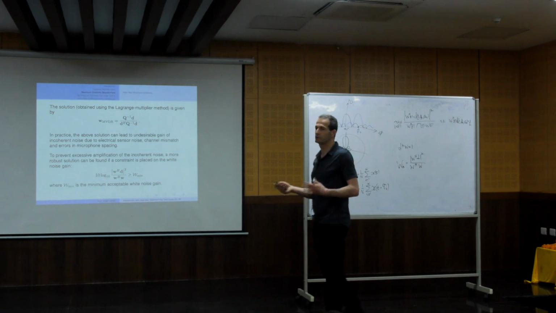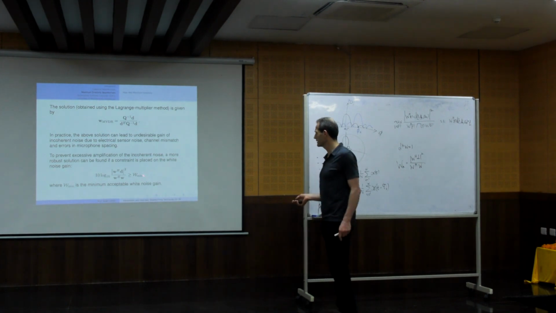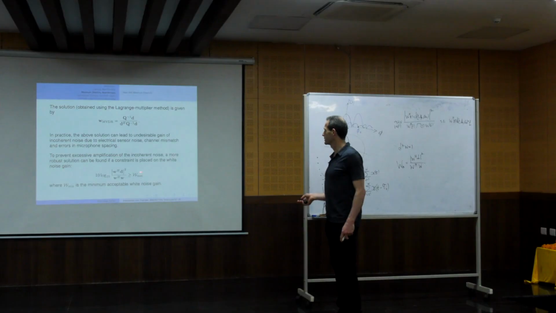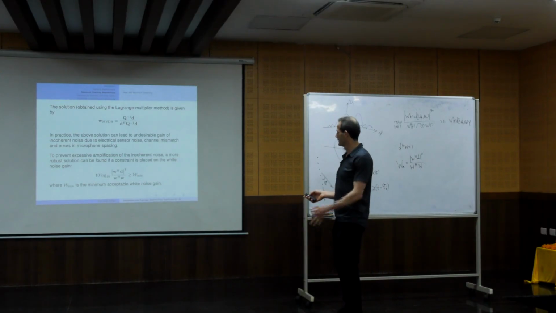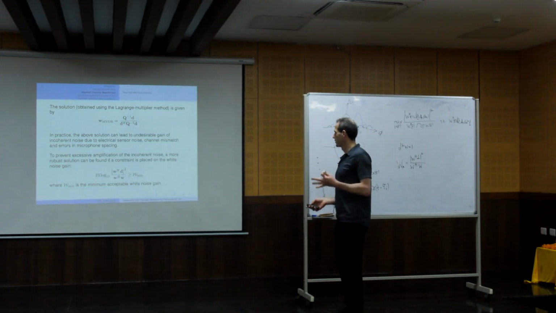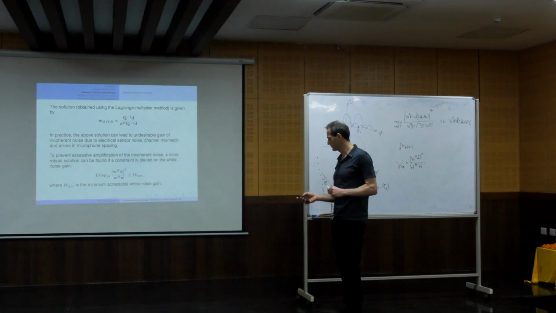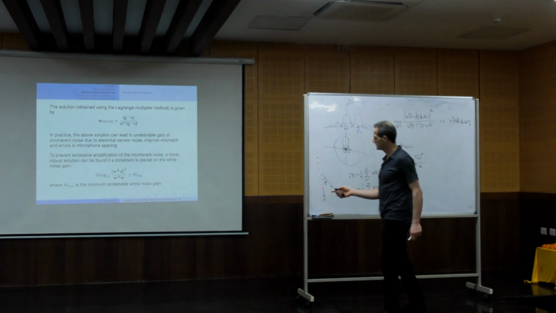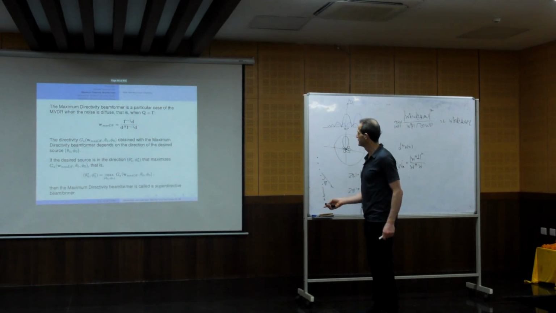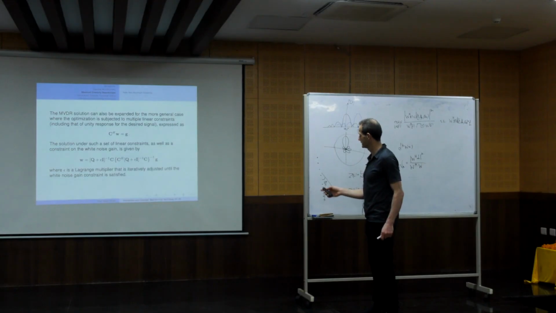Sometimes you may want it to depend on the frequency, but usually you can put here a threshold that is independent of the frequency. It means how much thermal noise you allow to be amplified at the output of the beamformer. So what will be the solution if I add this additional constraint? It will be like this.